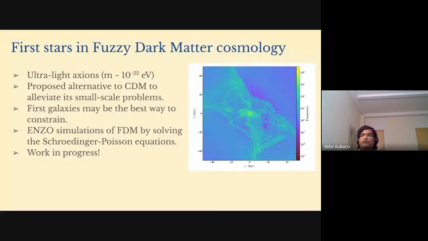So my first year, I worked with Jerry Oestreicher on fuzzy dark matter, identifying the halo mass function from analytic models, how to calculate that. And for my second year project, I started with my current advisor, Greg Bryan, on simulations of first stars. And for my thesis, I continued essentially my second year project, and I've been working with him.